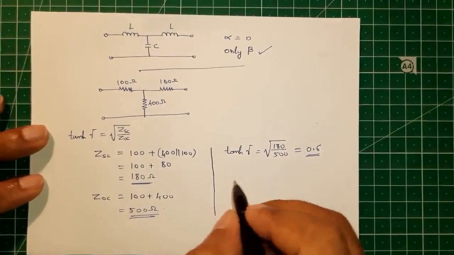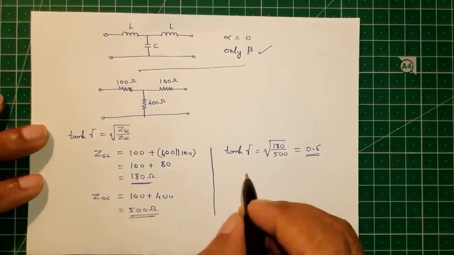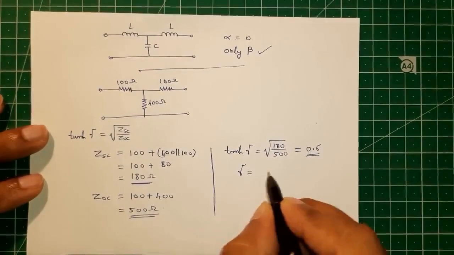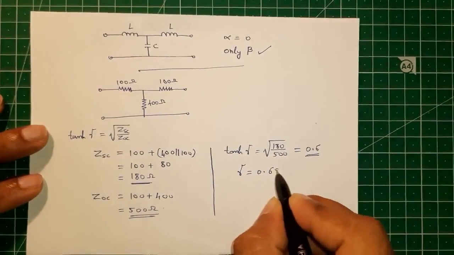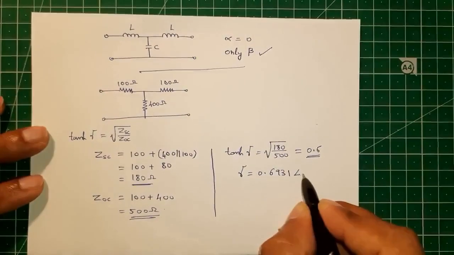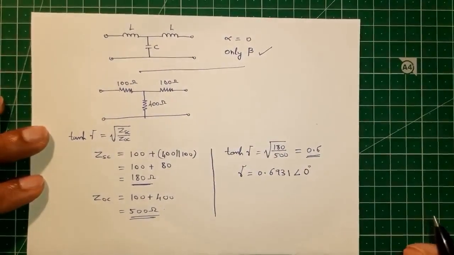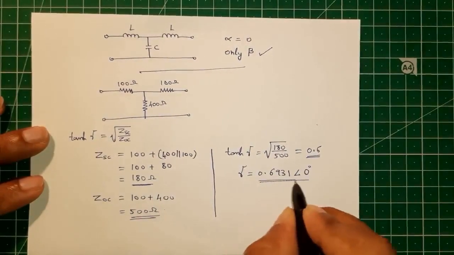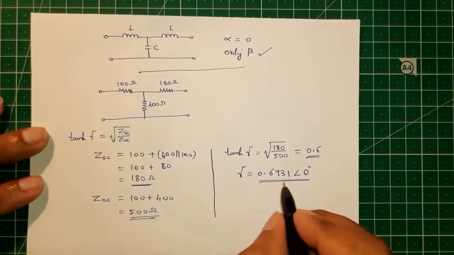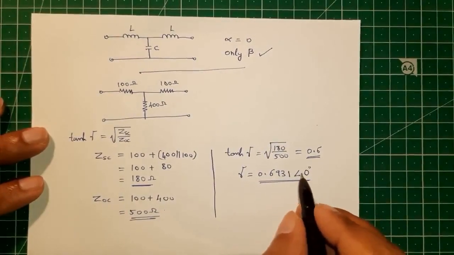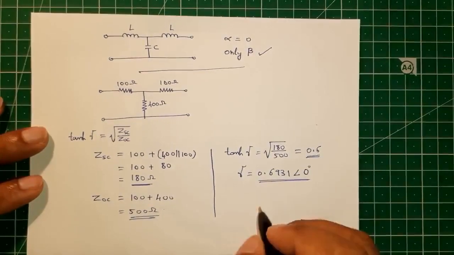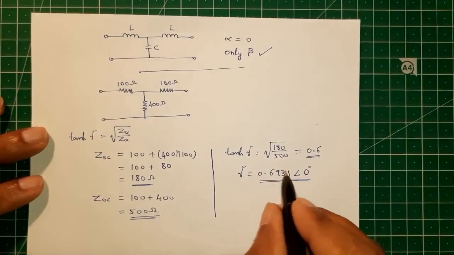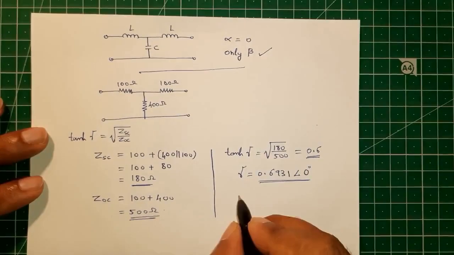So on taking the inverse hyperbolic of this quantity, we will get gamma equal to 0.6931 angle 0. So we have only the attenuation function, and beta is equal to 0 here. So this is our e power alpha.